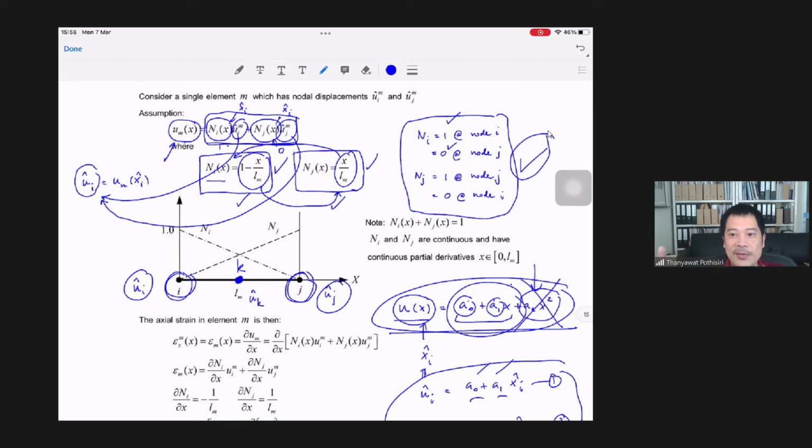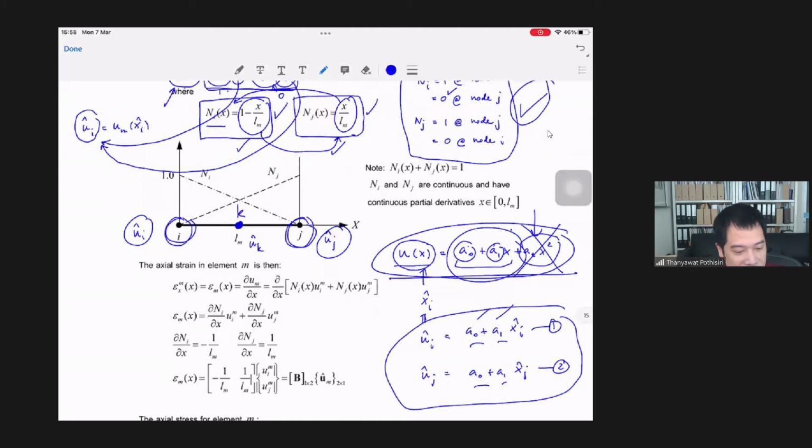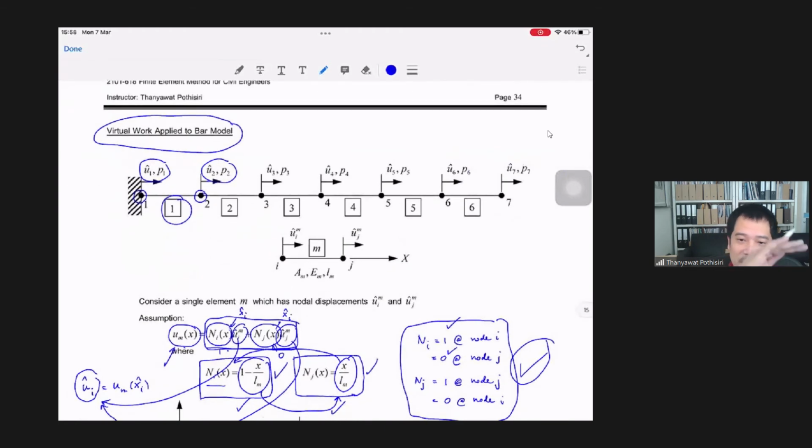With other types of approximation, you may be able to write a different form of equation, but with the finite element approximation, you would end up with this displacement interpolation function. So with this Ni and Nj, follow the steps that we have previously.